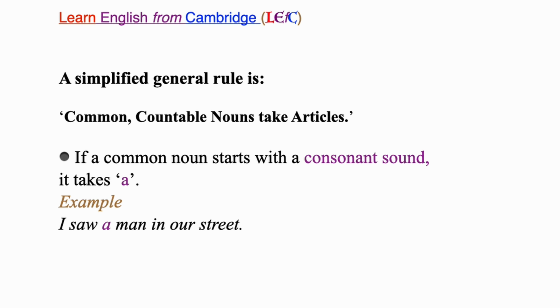So all these nouns, man, book, laptop, are common countable nouns. Each noun starts with a consonant sound. Man starts with m sound, book starts with b, and laptop, that's l sound.